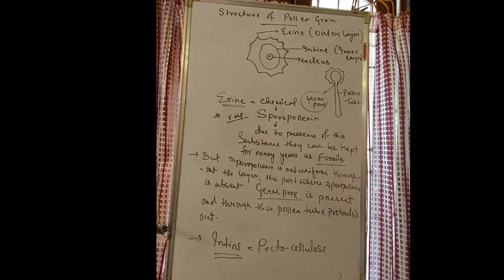Okay, and in some flowers which are majorly insect pollinated, the exine is covered by a yellowish sticky oily layer, which is called pollen kit. As I have discussed, the pollen kit is secreted by the tapetum layer. The main function of the tapetum is to provide nutrition to the developing pollen grain.